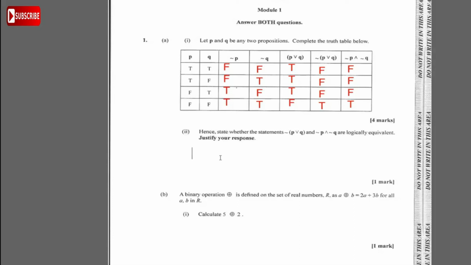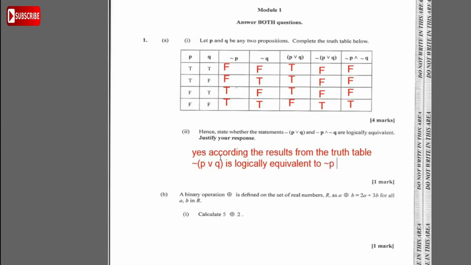So you can say, yes, according to the results from the truth table, you can tell them that the negation of P or Q is logically equivalent to the negation of P and the negation of Q. So we're just telling them that, of course, these two statements are logically equivalent.